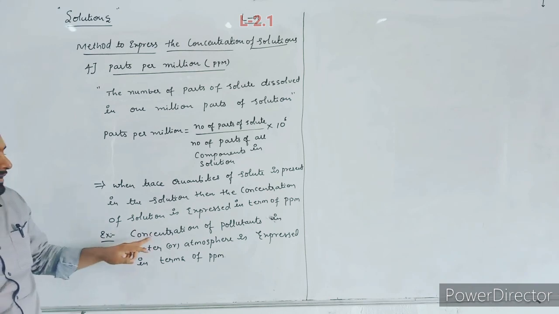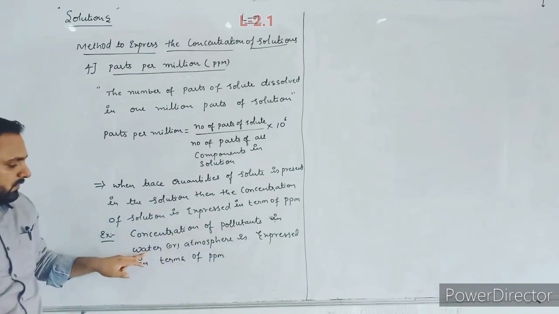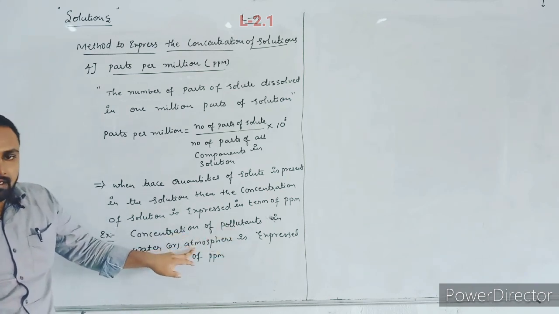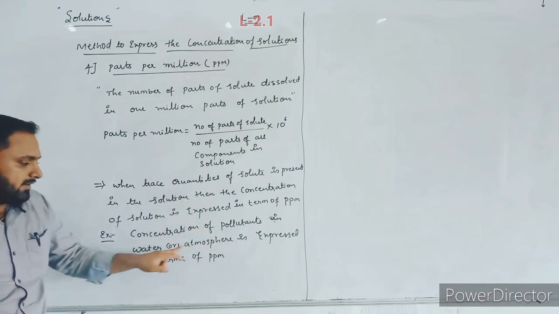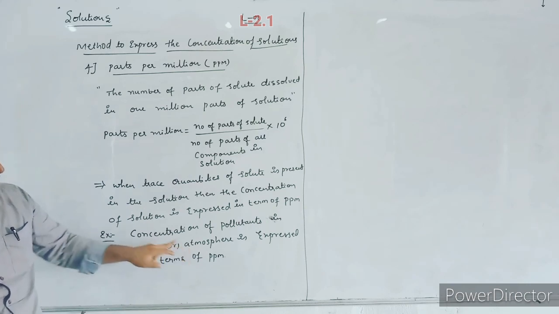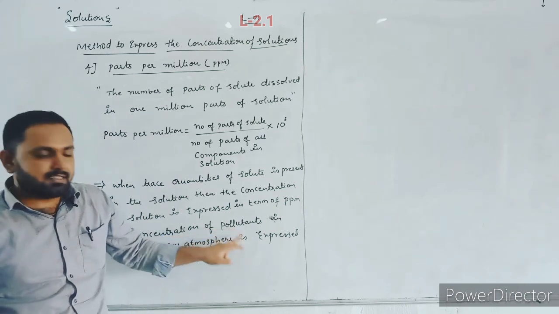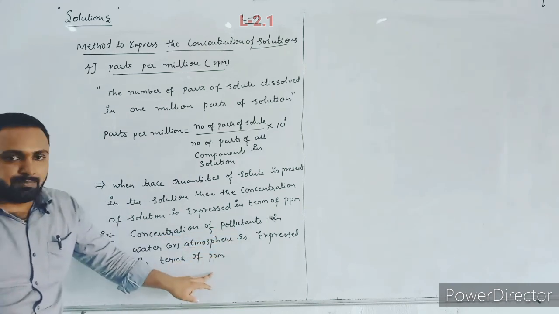For example, the concentration of pollutants in water or atmosphere. Here, very small quantity of pollutants are present in the water or atmosphere. That's why here the concentration of pollutants is expressed in terms of ppm.